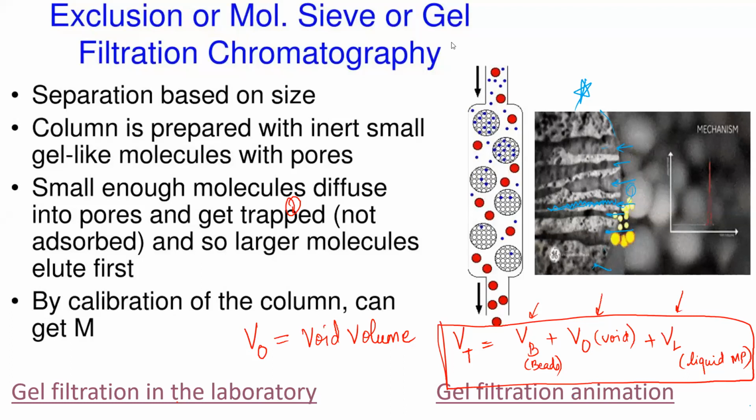Can you please answer on the chat box before we start ion exchange chromatography? Is it on the size? Is it on the charge? Is it on the type? What is the separation based on?